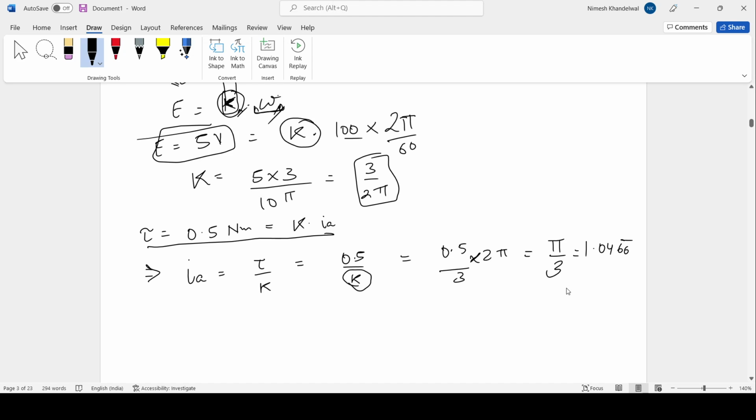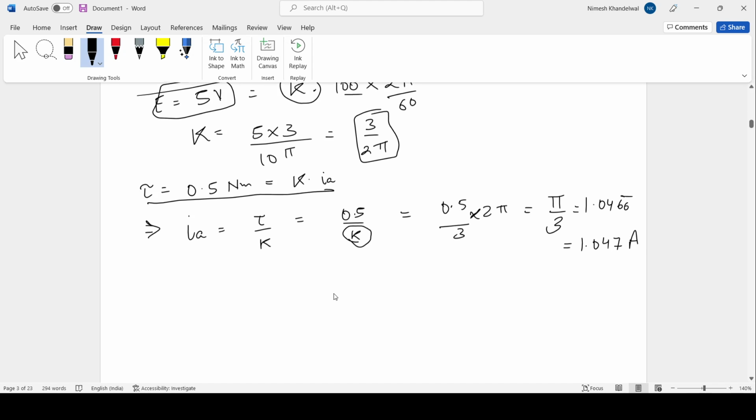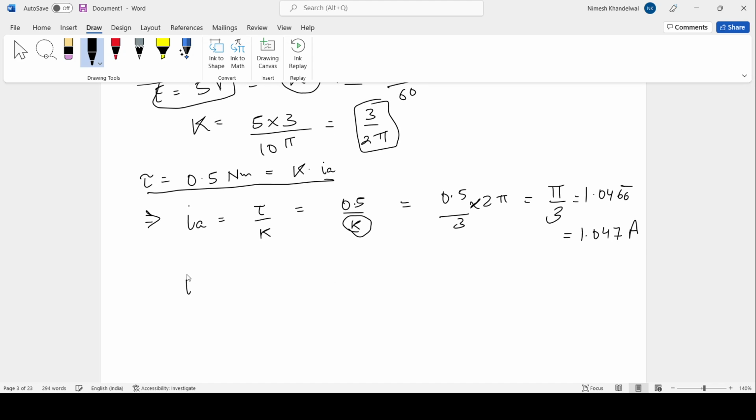Essentially you can round it off and write it as 1.047 ampere. So now what you know is that my armature current should be equal to 1.047 ampere for the given motor, for it to produce a torque of 0.5 Newton meter.